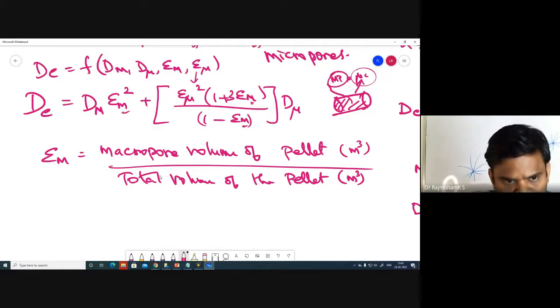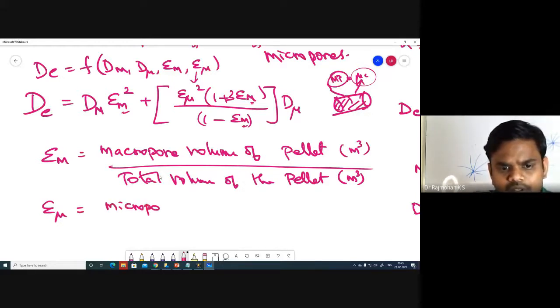Similarly, epsilon mu is the porosity for micropore, that means micropore volume of the pellet. But this micropore volume is usually defined per unit mass. It will usually be given per mass.